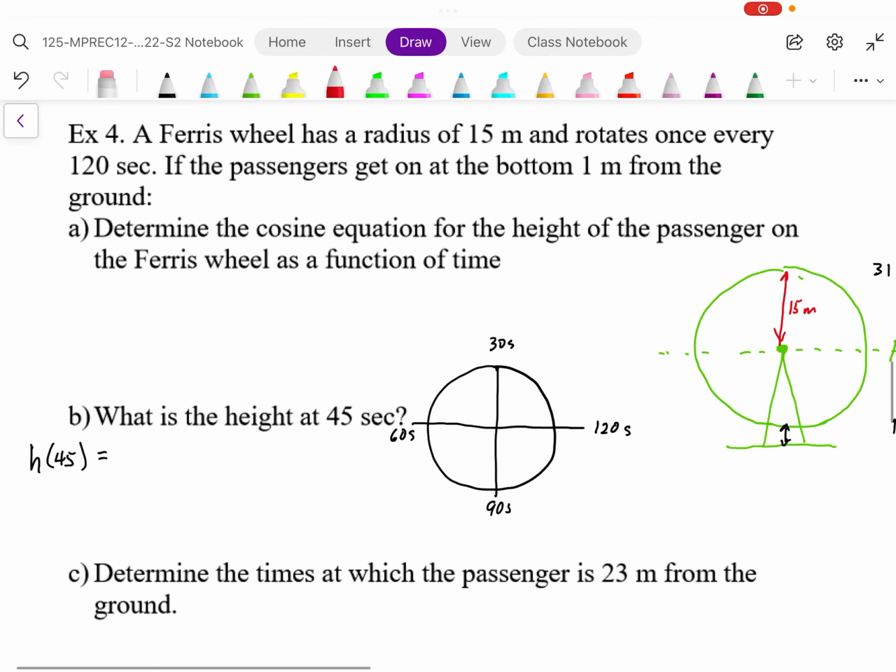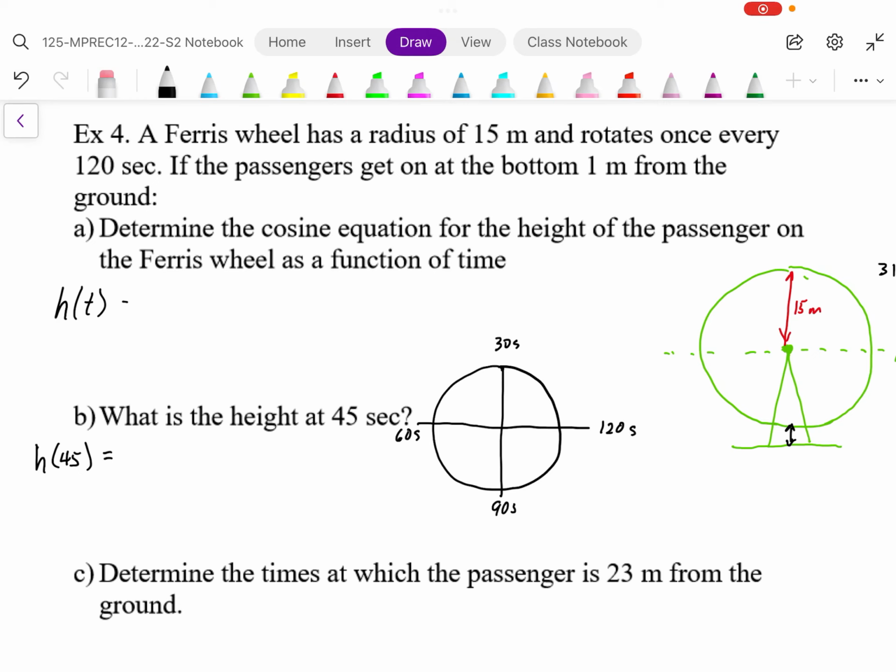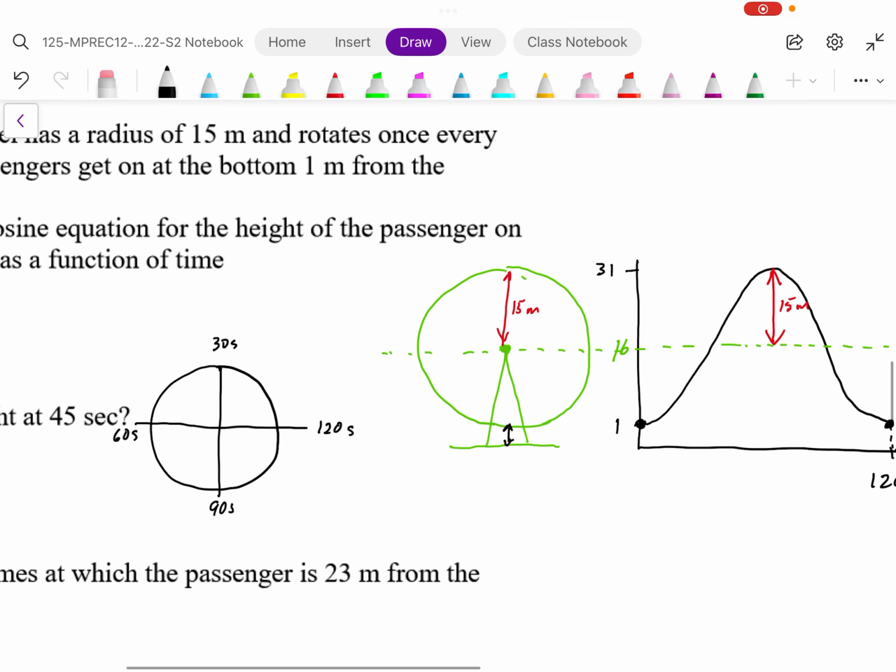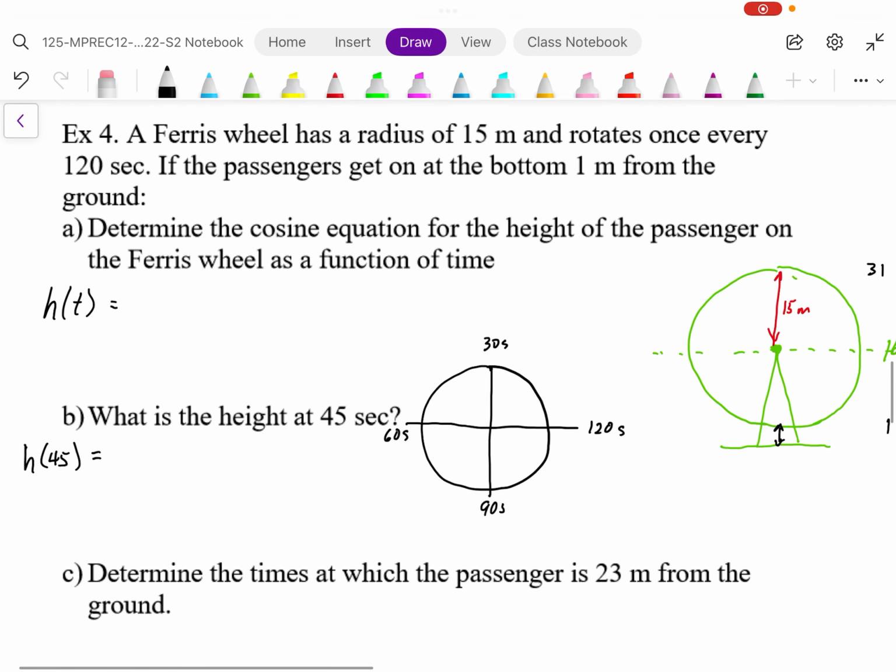So what I'm going to do is start writing the function here. The height as a function of time is equal to, I'm going to use a cosine function. It's going to be upside down, with an amplitude of 15. So I'm going to start with my amplitude of 15. Because it's upside down, I need to put a negative in front there.